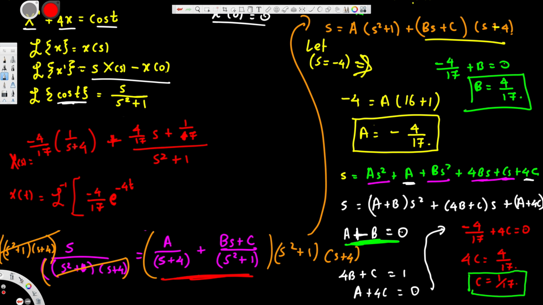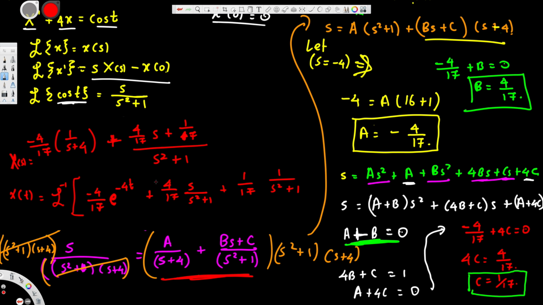Here s minus negative 4, so e power negative 4t. Plus, here we can separate this one into two things: first 4 over 17 times s over s square plus 1, plus 1 over 17 times 1 over s square plus 1.